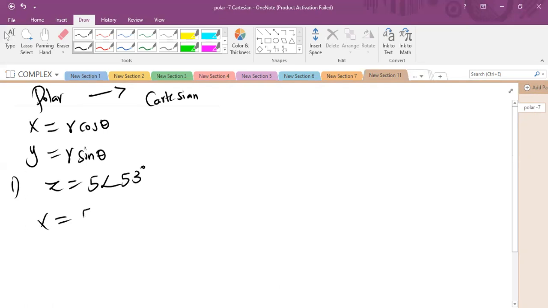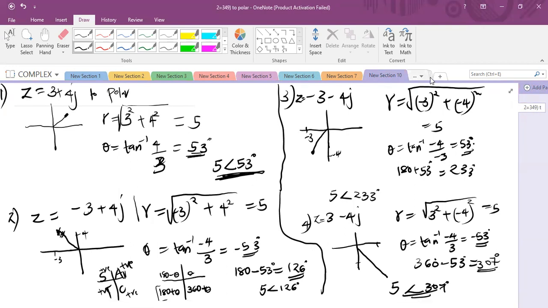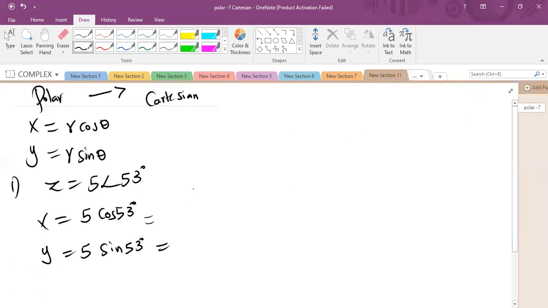X will be equal to r, which is 5 cos of 53 degrees, and y will be equal to 5 sine of 53 degrees. If you put that into the calculator, you will have your x as 3 and your y as 4. So basically your z will be equal to 3 plus 4j.